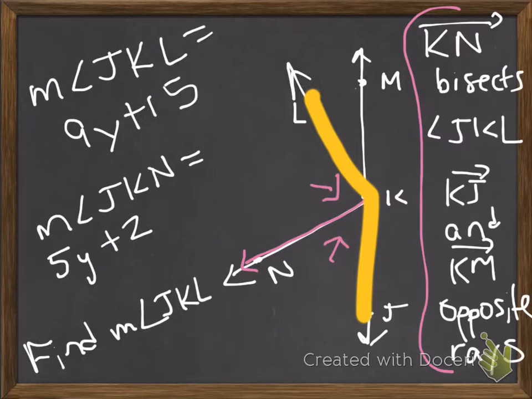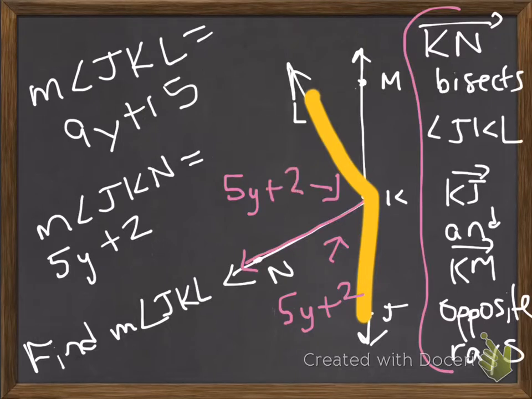It gives us that JKL, which is the whole thing, is 9y plus 15. JKN, which is this part, is 5y plus 2. We're going to find JKL. Since the angle bisector KN bisects it, that makes this side of the angle also 5y plus 2.